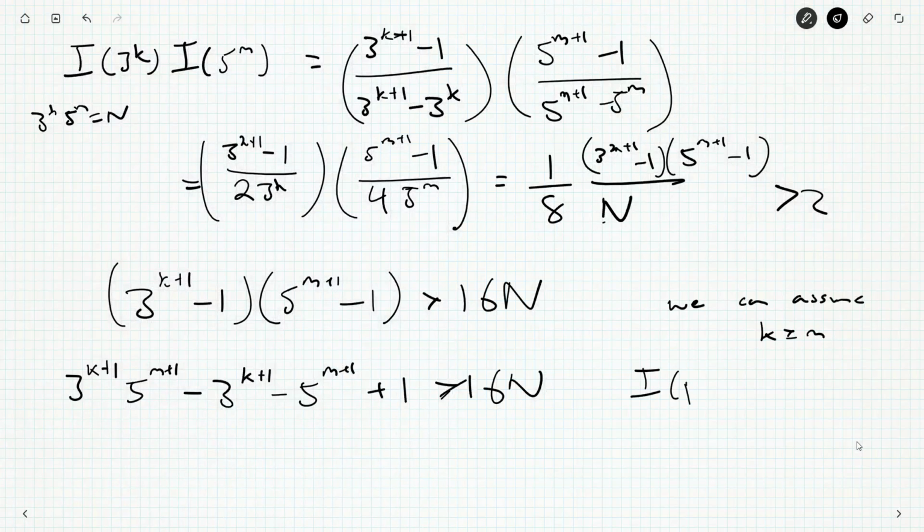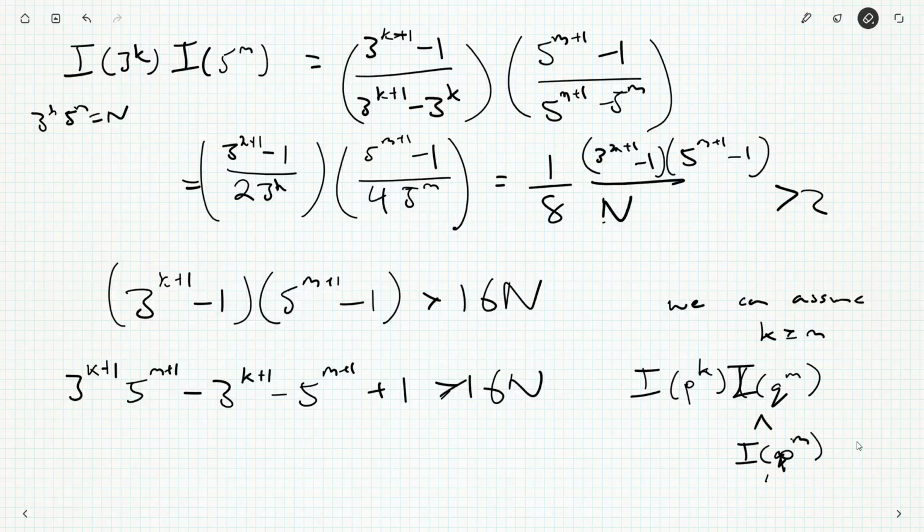Why would that work? Well, if I had I of p to the k, q to the m, I know this is less than I of p to the m, which is, no, can I say that? I think I can assume that the bigger power has to go with the smaller number.